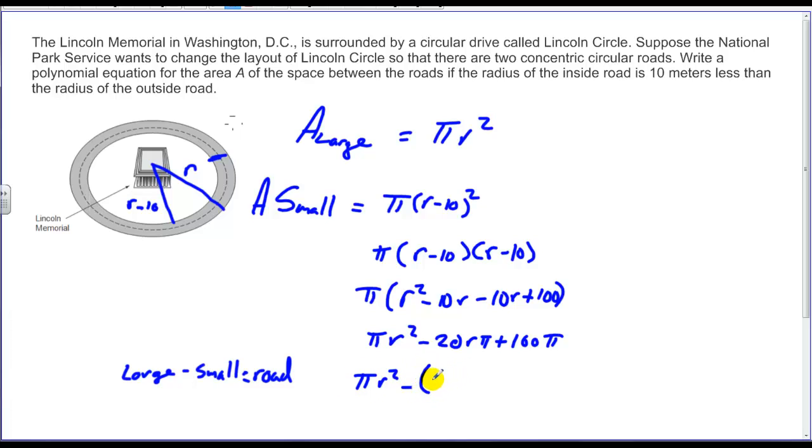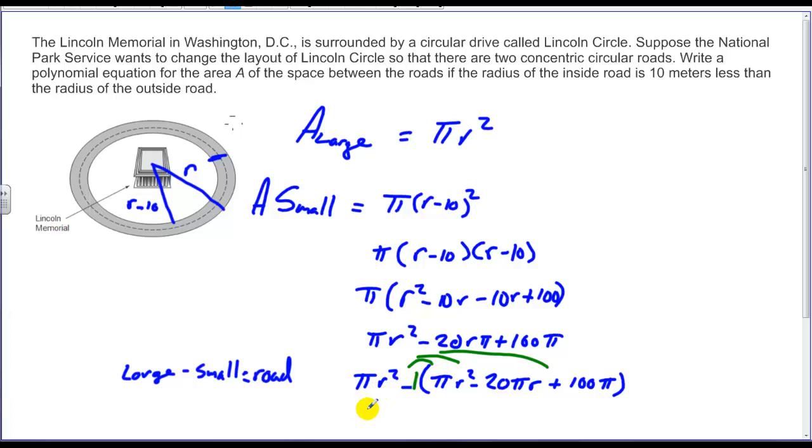Subtract off the small area, which is pi r squared minus 20, we'll call it pi r, plus 100 pi. And I know at this point I'm going to want to distribute this imaginary negative 1 to all these terms.